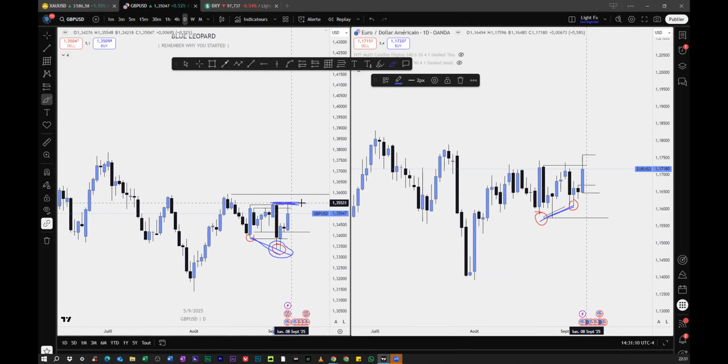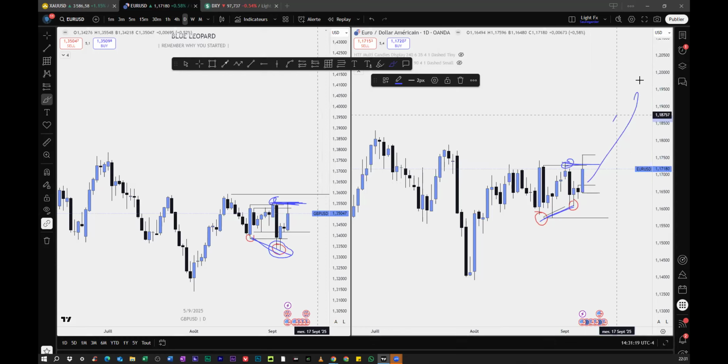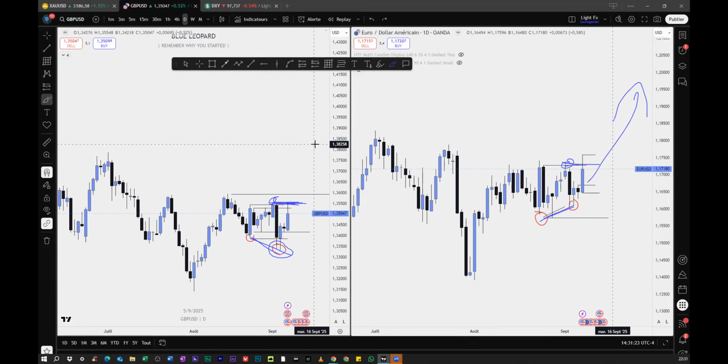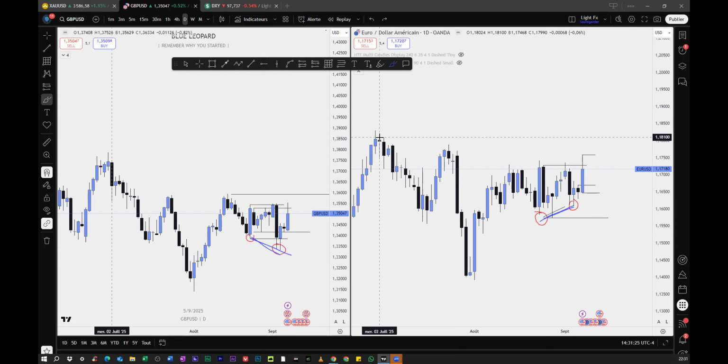As soon as it breaks this high, I will also observe here, if we close above, then I can buy on EUR/USD and also on GBP/USD, and then I will look for the perfect setup for myself.